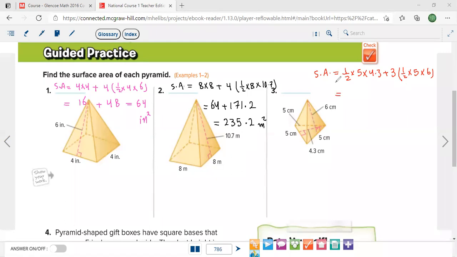So half times 5 is 2.5, and 2.5 times 4.3 should give you 10.75, plus half of 6 is 3, 3 multiplied by 3, 9, 9 by 5, 45. If you add this number to the 10.75, this will give you 55.75 centimeter square.